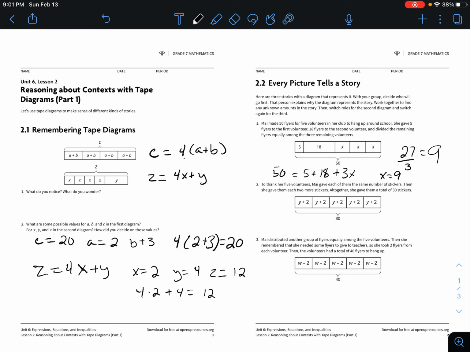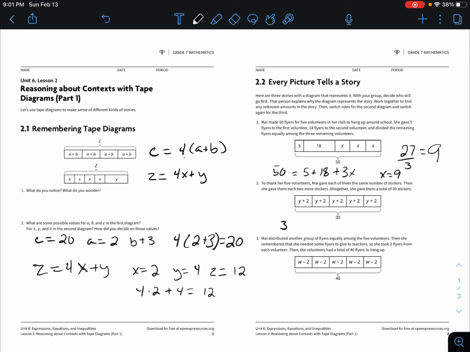Okay, next one. To thank her 5 volunteers, Maya gave each of them the same number of stickers. Then she gave each 2 more stickers, and altogether she gave them a total of 30 stickers. So that's what this is representing. So 30 is equal to 5, because there were 5 volunteers, and each one got y plus 2 stickers.